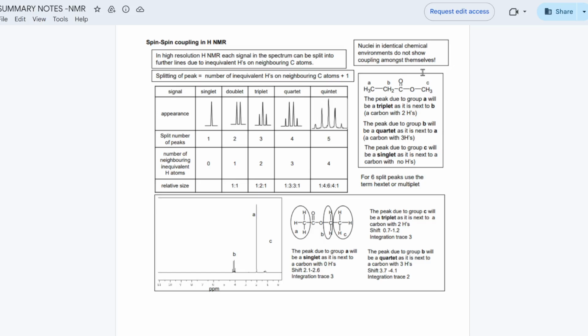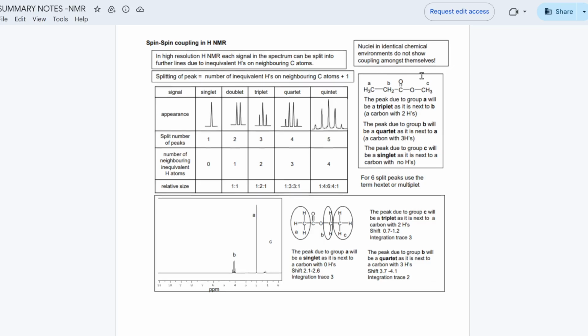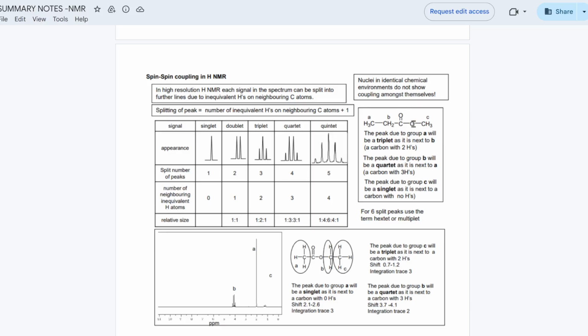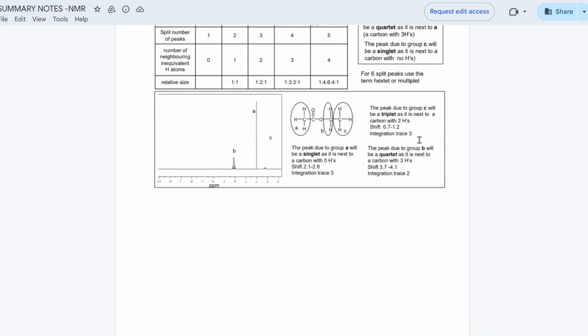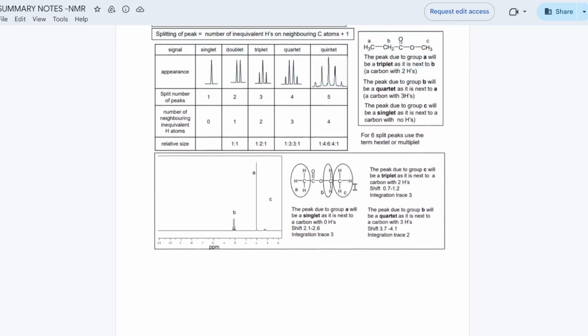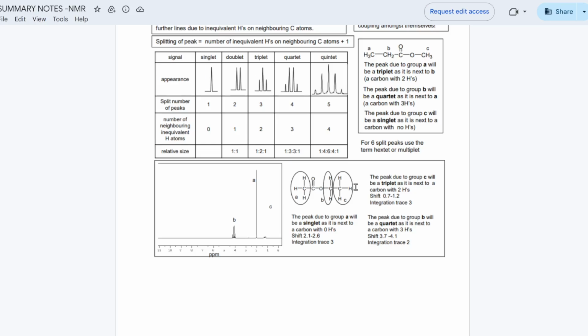And the peak due to group C will be a singlet, as it's next to a carbon with no H's. Well, it's not next to a carbon at all, it's next to an oxygen. Okay, whatever. For 6 split peaks, it must use the term hextet or multiplet. Yep, makes sense.